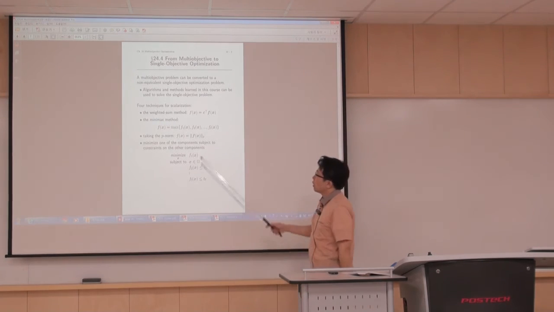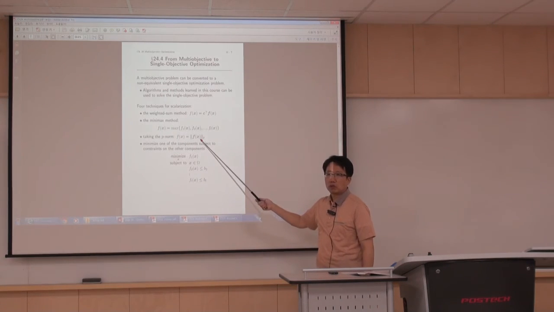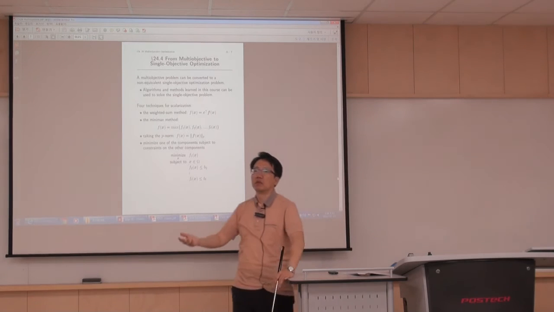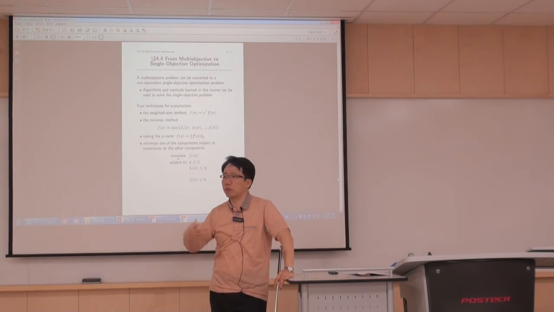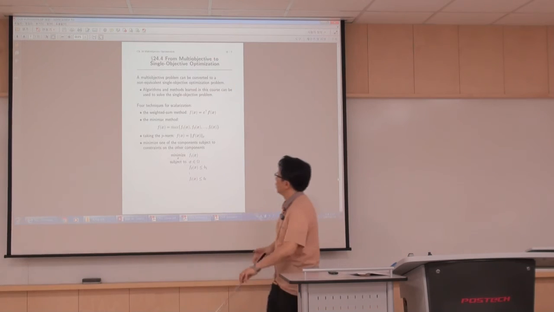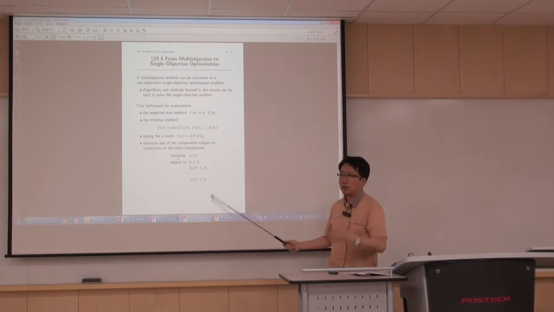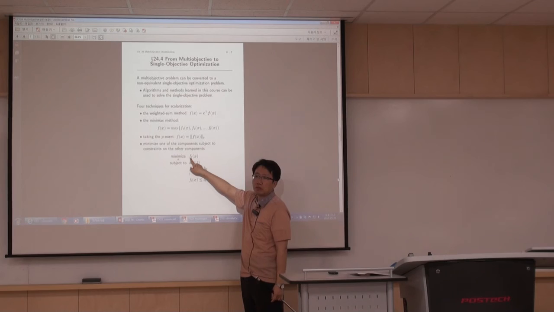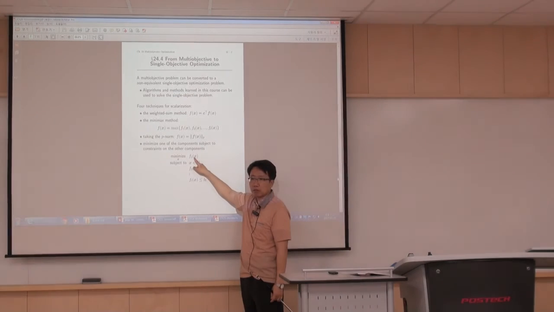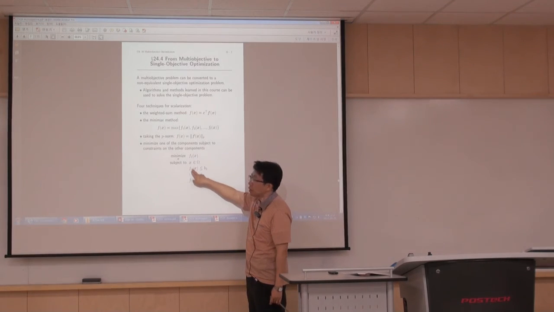Okay? Another one is that. So you use norm. Okay? So square sum, or you calculate the cubic metric and sum, something like that. Okay? Another one is this one. This one is very, very popular. So you choose, for example, the first objective function as the objective function of the single optimization problem, and then you put upper bounds on the other constraints.